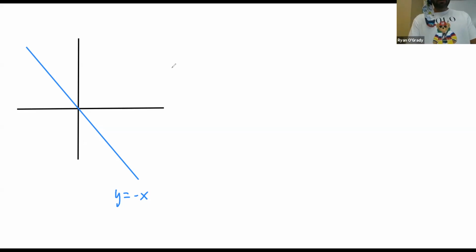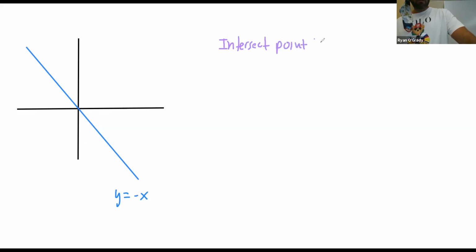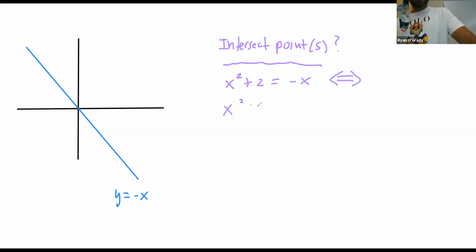Before we draw it, let's ask ourselves, what's the intersection point? Points. I don't even know if it has any, but I've got to try to find it. So how do I find it? Well, I'm going to set x squared plus 2 equal to negative x, correct? And when I go to solve that, that's the same as x squared plus x plus 2 equals 0.